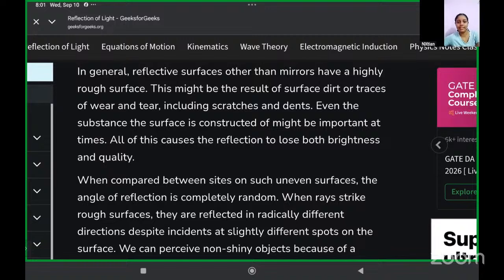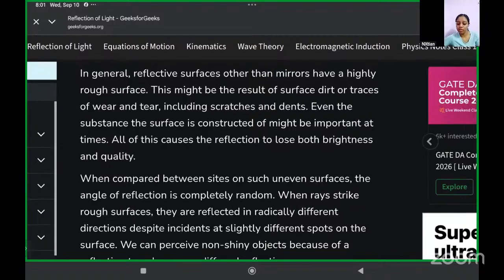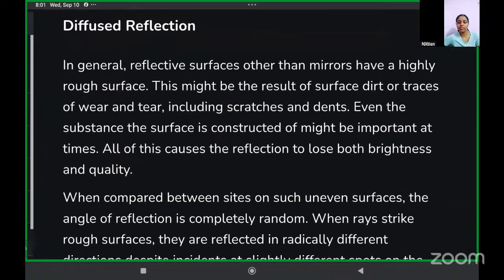Hope now it's clear. Lambert's law considers basically everything, and using that you can calculate the diffused reflection. Okay, write down diffused reflection. If you've written specular first, write down diffused.